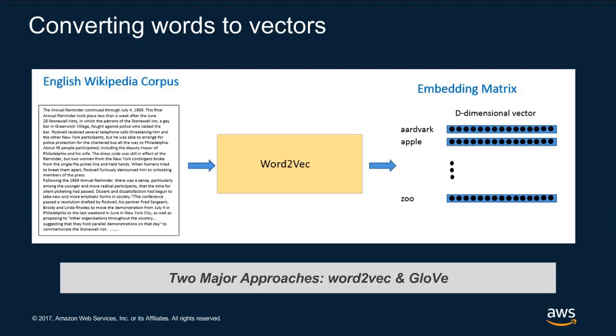And basically what this does is it takes a large input, what is called a corpus. So in this case, it is all of Wikipedia. And it leverages that and it studies that to develop vector representations of each word.